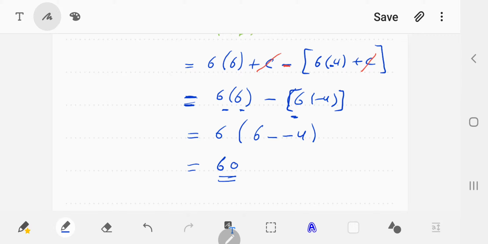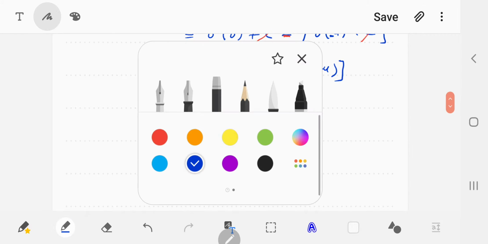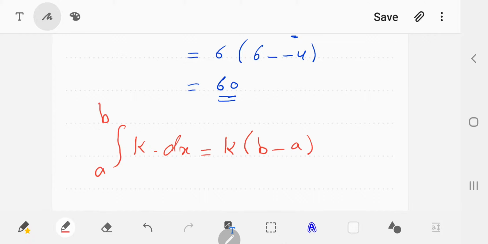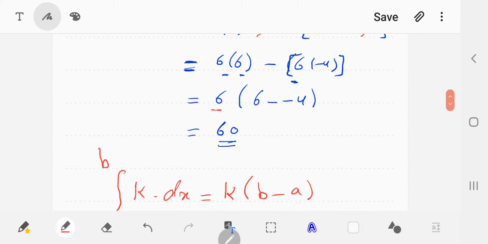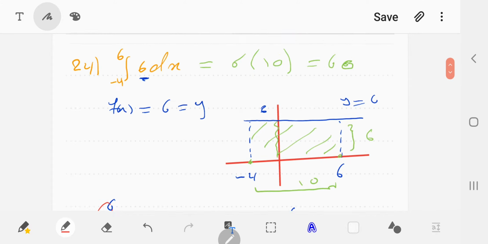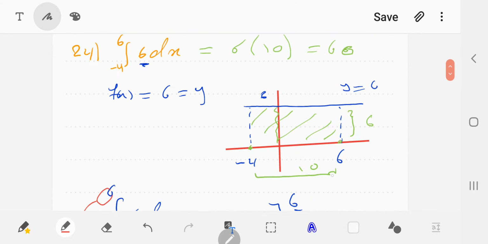Now, what is the comment that I want to make here? When you have a definite integral from a to b of any constant, then you can immediately say it will be the constant times b minus a. Look at the example. That's what you did. 6 times 6 minus negative 4. And actually, why is that?